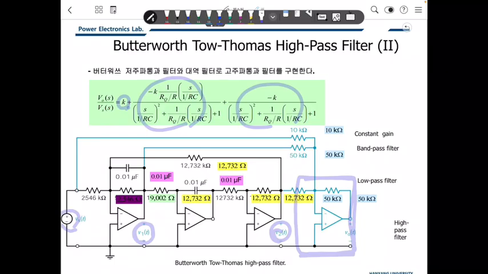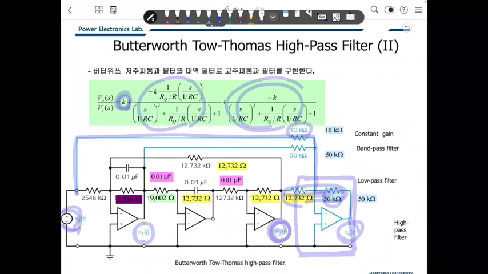So if this input in this loop needs 10 kilo ohms and 50 kilo ohms, that means there are 5 times higher values. This is K, and because the low pass filter has a minus value, we add it in like that here.